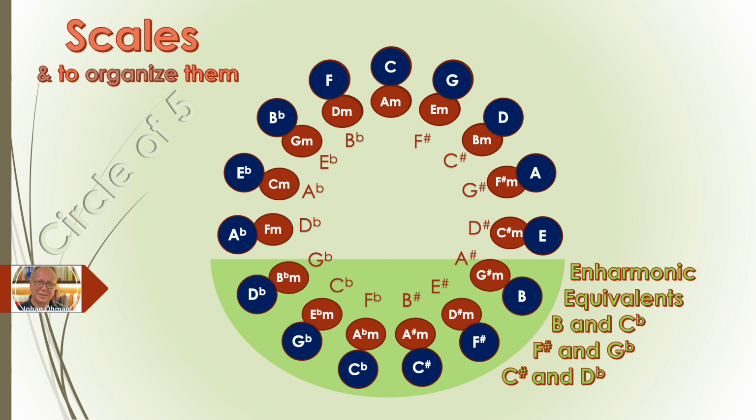It's just two different scales that sound exactly the same. Same with the F sharp and the G flat. One is on the sharp side, one is on the flat side. And the same, of course, goes for the C sharp and the D flat. Two scales that sound exactly the same, but they're different scales. One is on the sharp side, one is on the flat side.